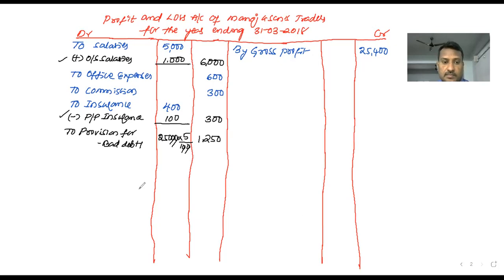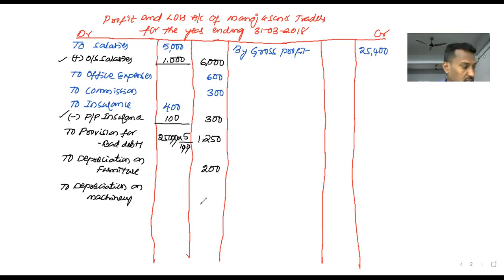Next, to depreciation on furniture. Directly the amount is given, the percentage is not given: 200. Next, to depreciation on machinery. Directly the amount is given in the adjustment: 600.